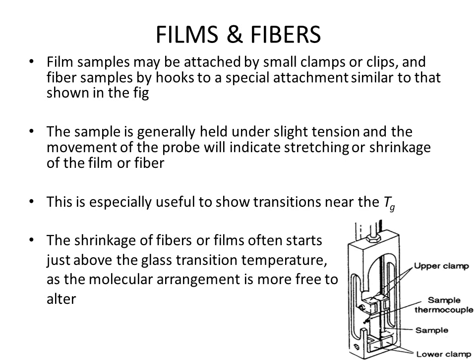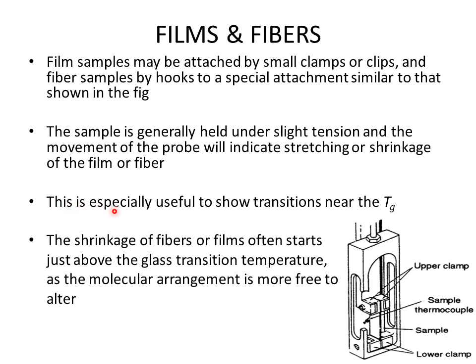The sample is generally held under slight tension, and the movement of the probe will indicate stretching or shrinkage of the film or fiber. So the movement of the probe informs us about the various types of stretching or shrinkage which happen in our sample, which has been introduced in the form of film or fiber.